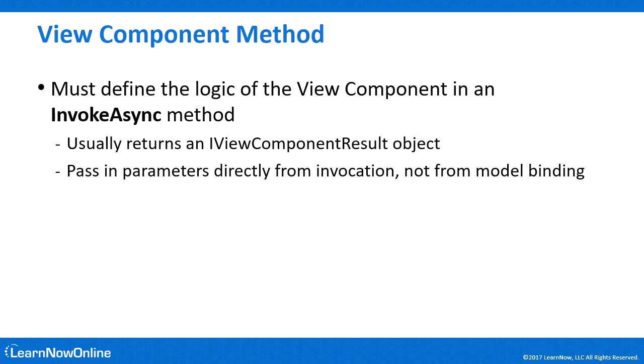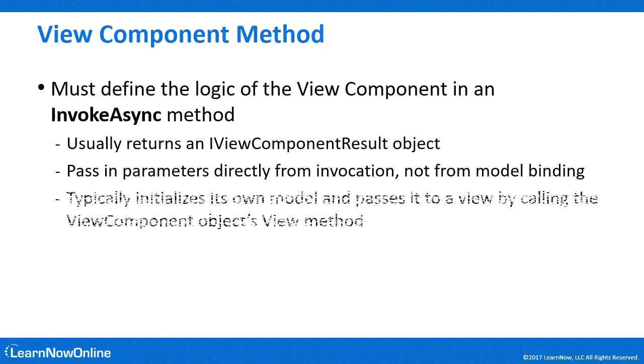It really makes the view component a standalone reusable component. Really reduces the coupling, which most of the time is just fine. Okay, now typically it's going to initialize its own model and pass it to a view by calling the view component's view method. And again, that's only available if you inherit from the view component base object.